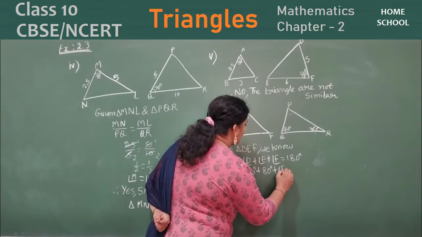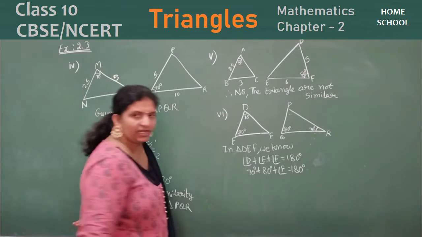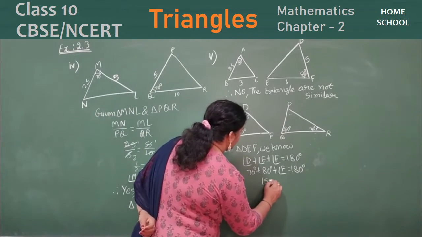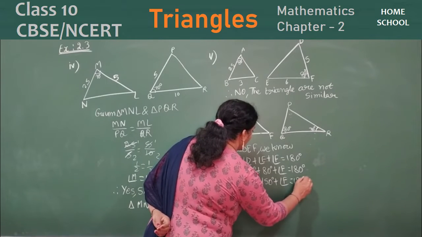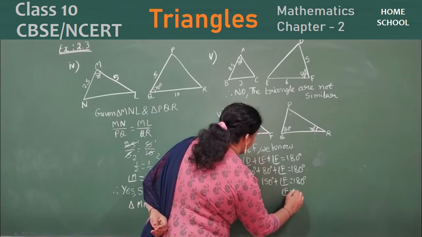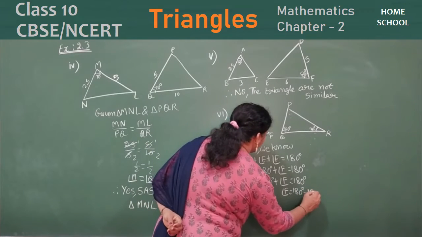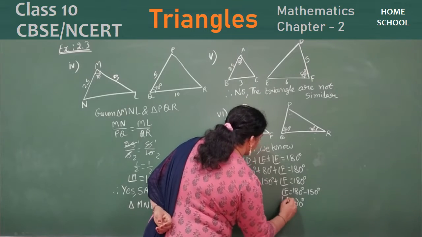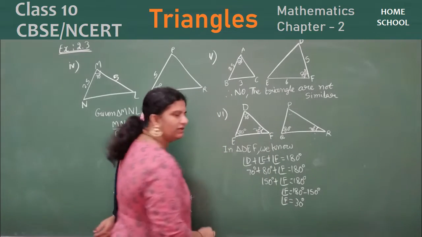We don't know angle F. 70 plus 80 is how much? 150. 150 degrees plus angle F is equal to 180. Now angle F is equal to how much? Sending 150 degrees to the other side, 180 minus 150 is 30 degrees. Therefore, angle F is equal to 30 degrees.